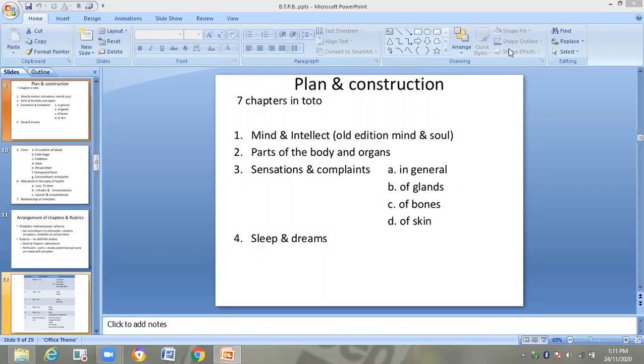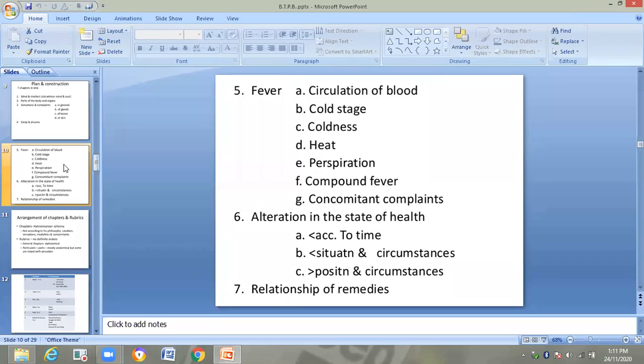Then third is sensation and complaints. The fourth section is sleep and dreams. The sixth section is alteration in the state of health. Then the seventh section, the last section or chapter in this repertory, is relationship of remedies.